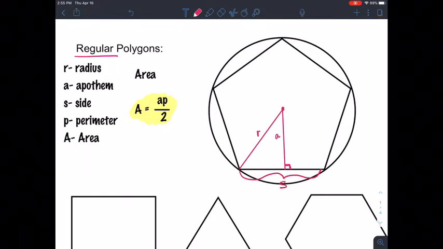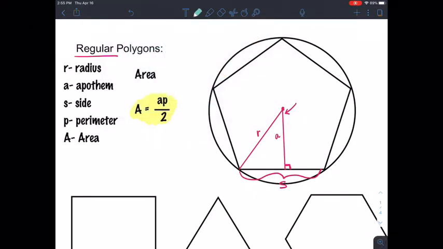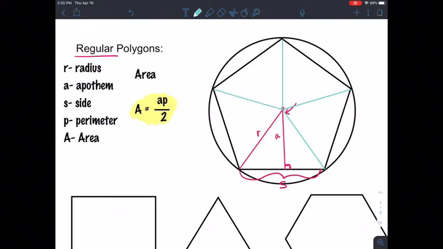Okay, so a few things that we're going to have to pay attention to is this central angle right here. If you can imagine that we go through and we make these triangles all the way around, we are going to have 5 triangles, and then if we split them, we're going to have 10.